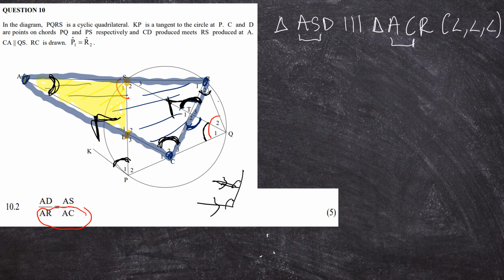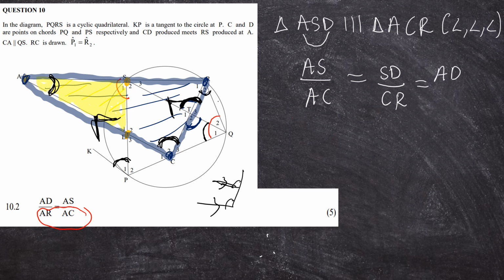So we'll say AS divided by AC will be the same as the second one, SD over CR, which is the same. Then we take the first and the last, AD over AR.